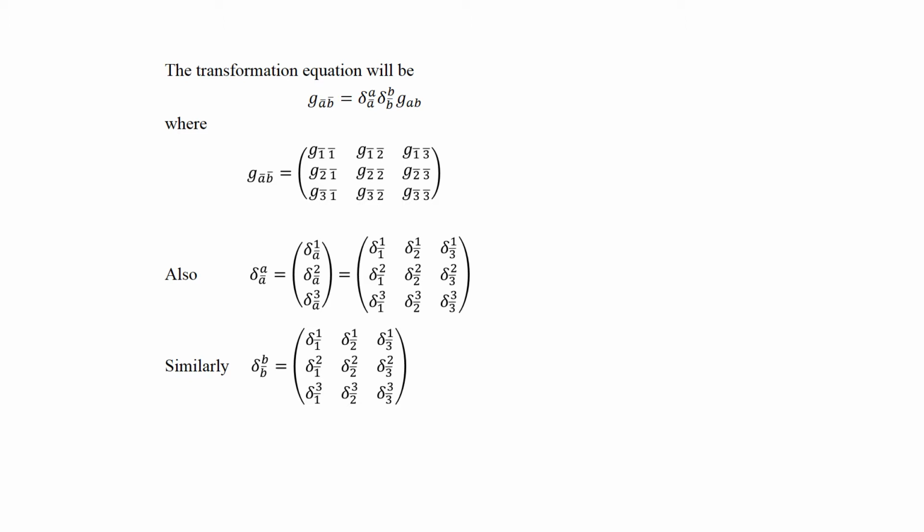So our GAB in terms of Euclidean metric, as we write in Cartesian metric, must be dx square plus dy square plus dz square, and in matrix form it will be 1 0 0, 0 1 0, 0 0 1.